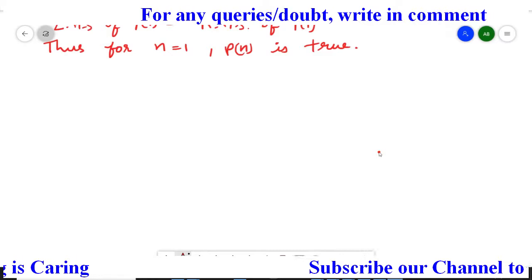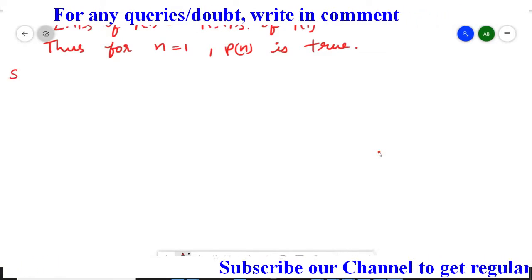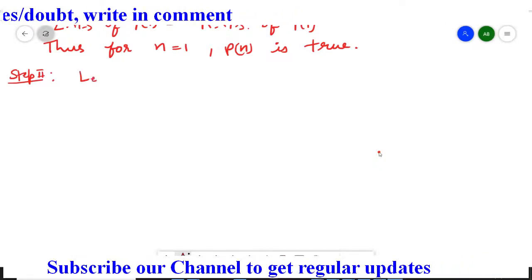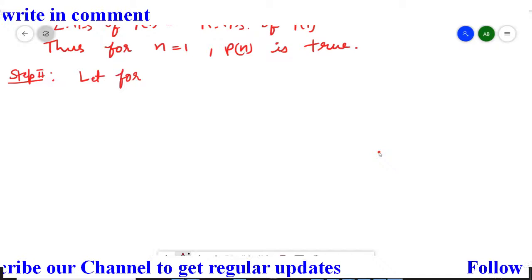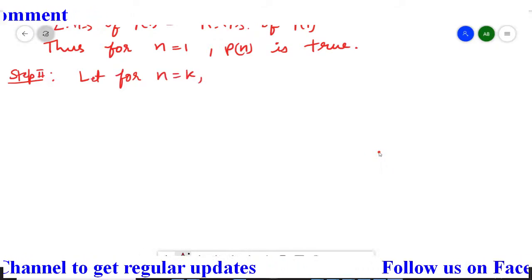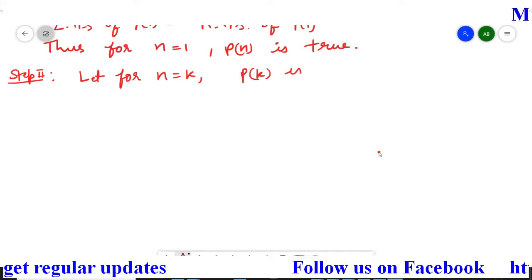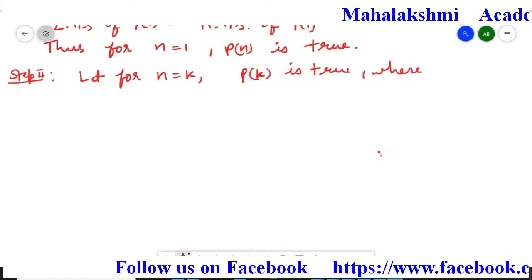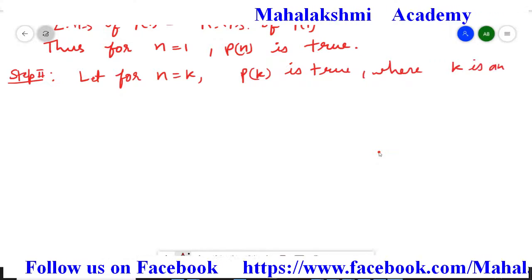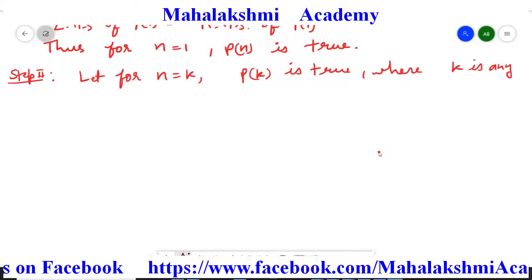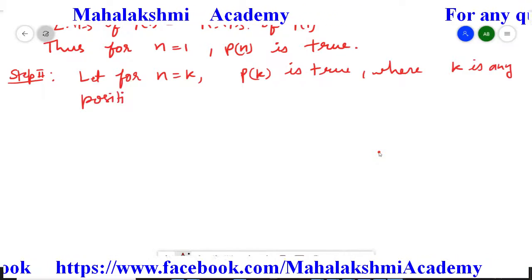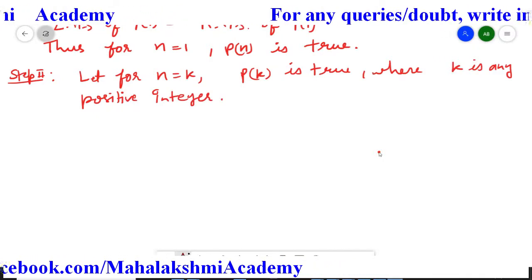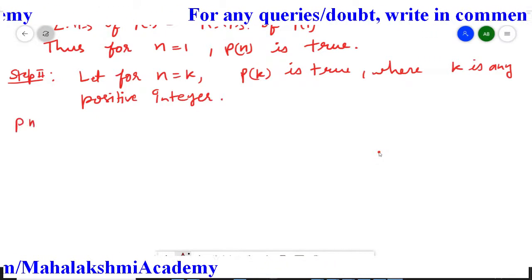That we write in step second: let for n equal to k the statement Pk be true, where k is any positive integer.